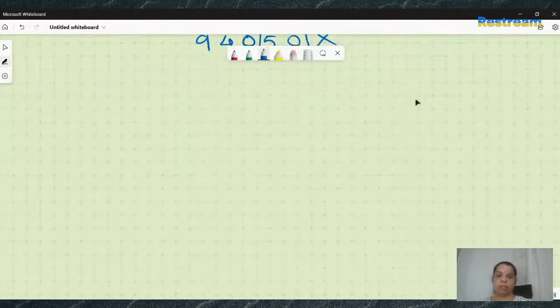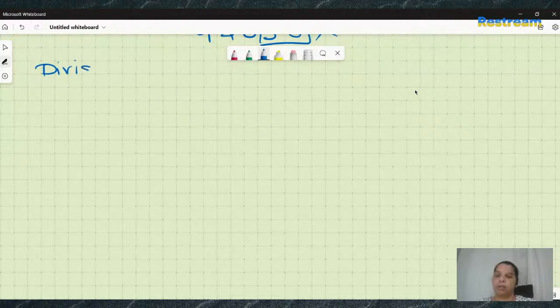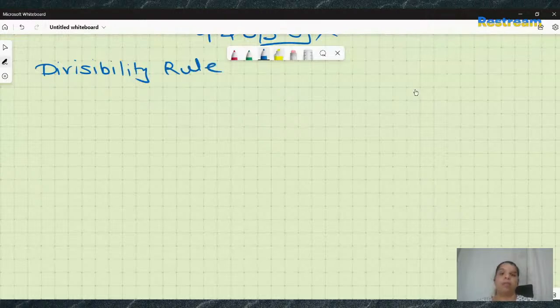Now next one is the divisibility rule for 5. The divisibility rule of 5 states that if a number ends with a 0 or a 5, the number is divisible by 5.